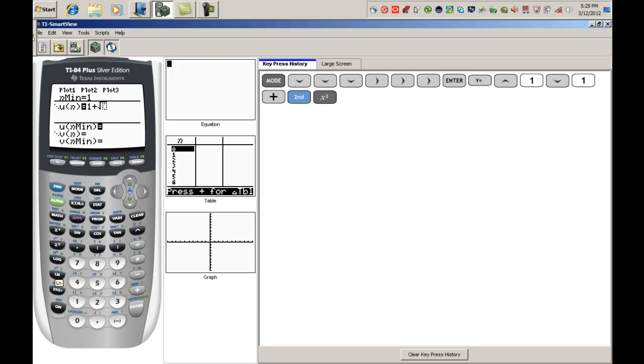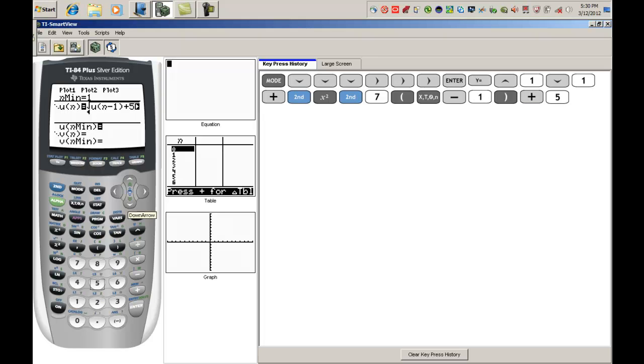Now, this is a part that many students will spend a lot of time looking for your u. Now, where's that u? The u is here, second, 7. Then after that, I open the bracket, n minus 1, close bracket, plus 5.